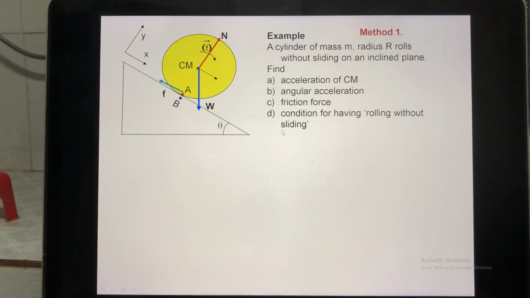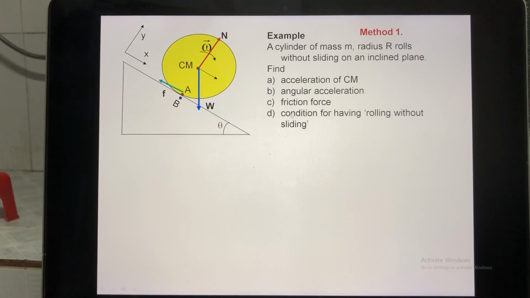So the example, suppose that I have a solid disk or solid cylinder moving down like this. So usually we have, what did I say before? You have 3 steps, you have 3 equations, so you will have 3 unknowns. So the questions are usually related to these 3 unknowns.